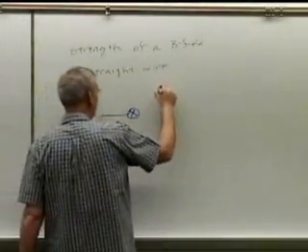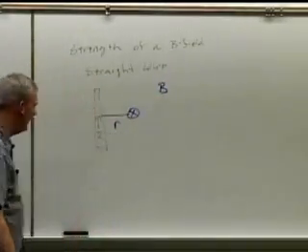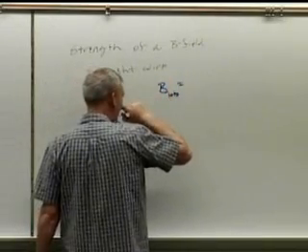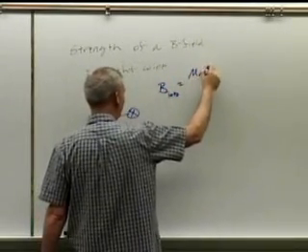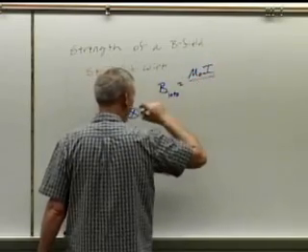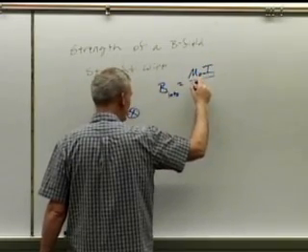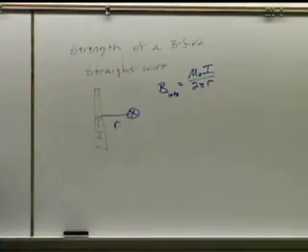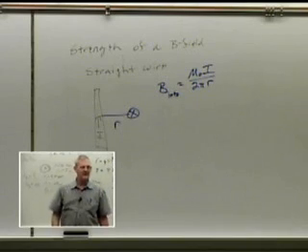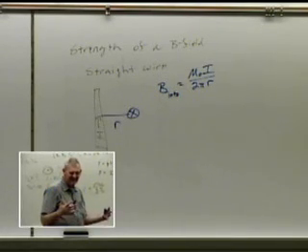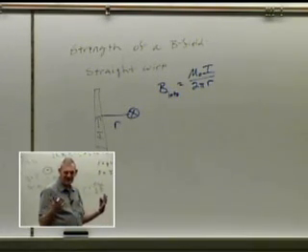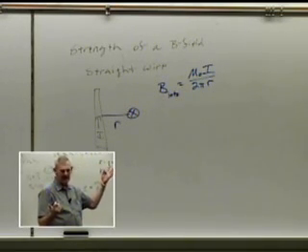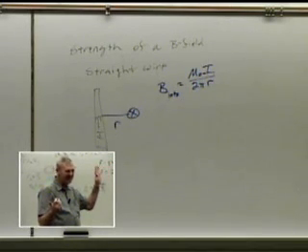So B, the magnitude of the field going into the board, is equal to mu naught I over 2 pi r. You've got a new universal constant to worry about here. That is the permeability of free space. Have you guys seen this in lab?